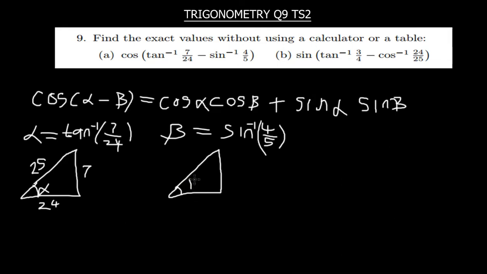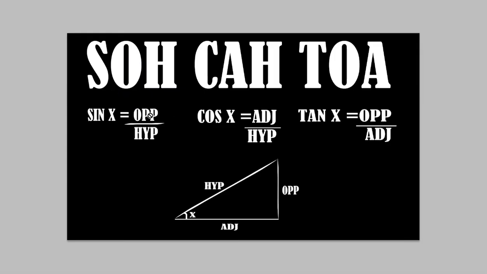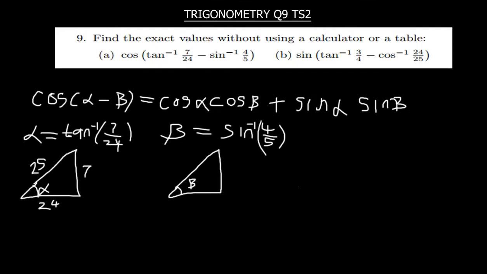So beta, we are using sine. Remember sine, according to SOHCAHTOA, we use the opposite and the hypotenuse. So sine x is equal to opposite over hypotenuse. So if this is our beta, our sine beta will be the opposite, which is 4, over 5, which is the hypotenuse.